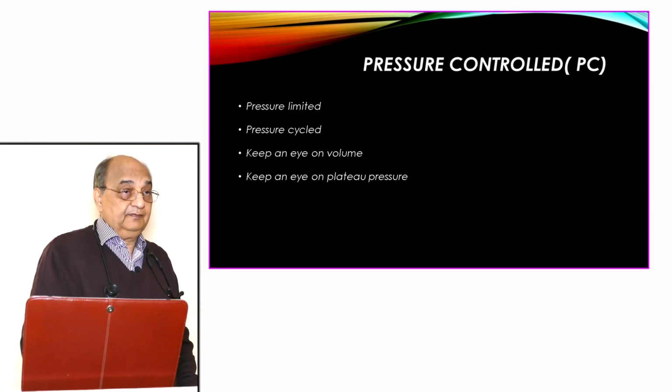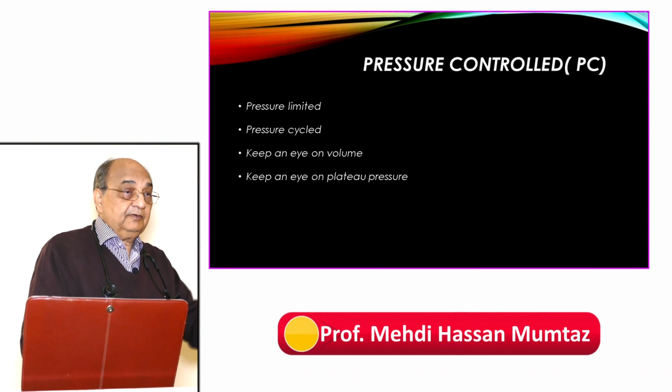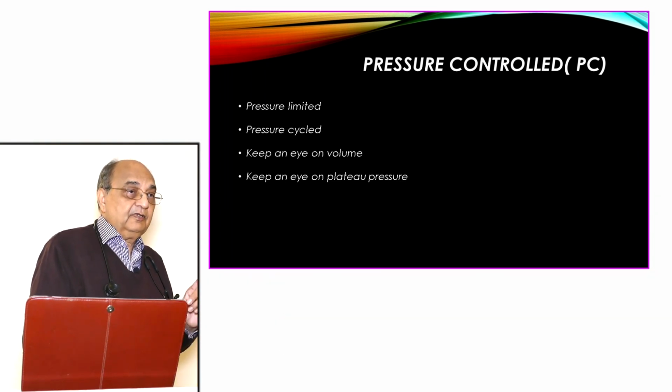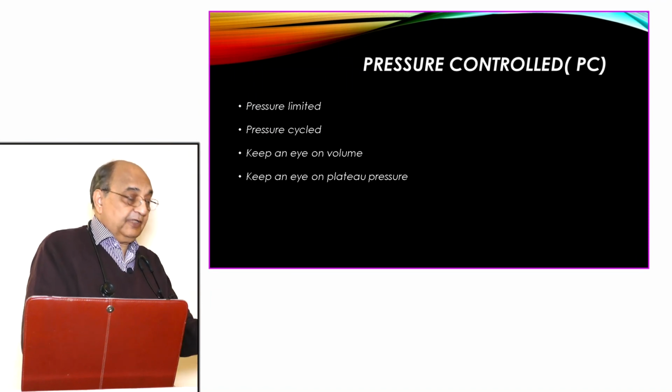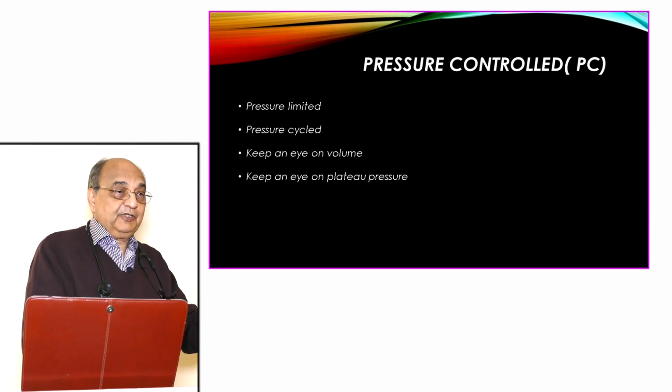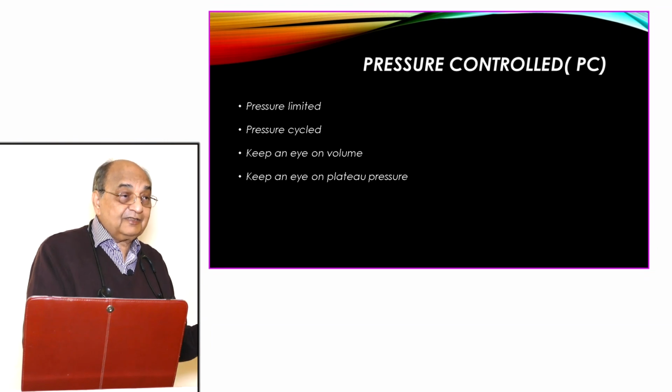That's very important. So peak inspiratory pressure includes not only the resistance which the lungs are offering to the ventilator pushing, it also includes resistance of the circuit, resistance offered by the tube also. Bigger diameter of the tube will offer very less resistance as compared to smaller size.